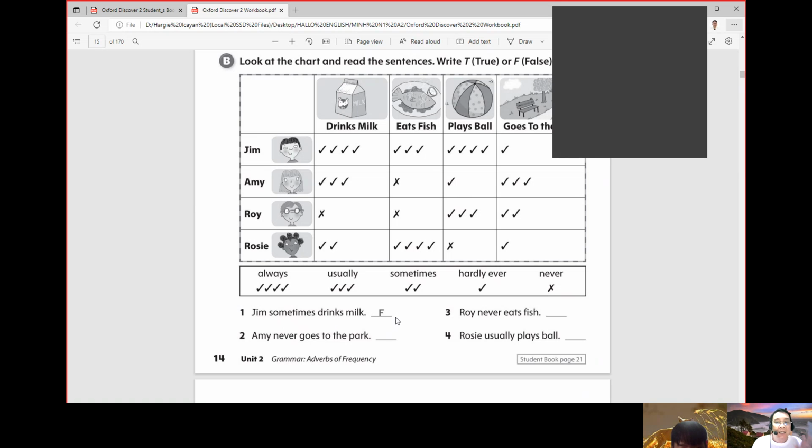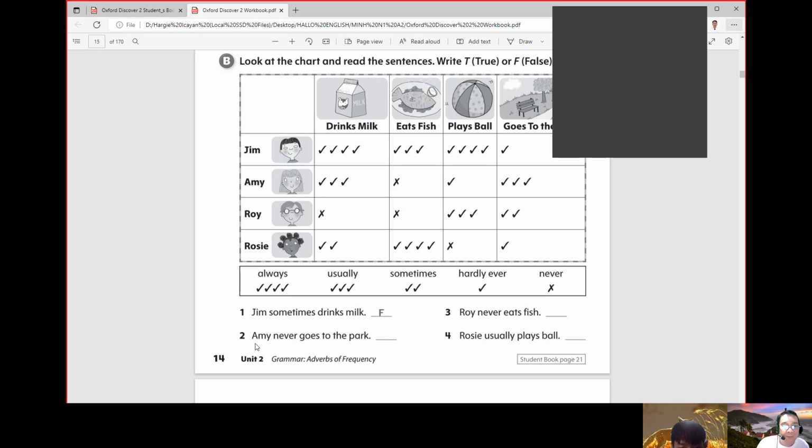Number one has been given to us because this one is false, right? It's F. Why? Because Jim always drinks milk. So this statement is false.